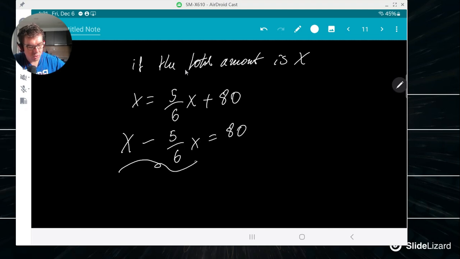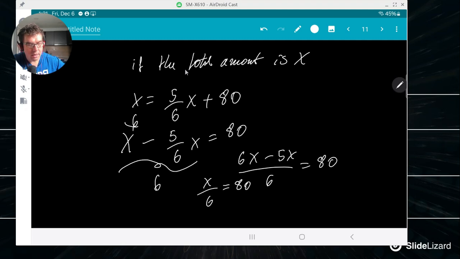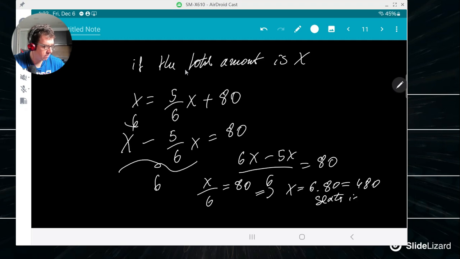If I do a common denominator here, I get 6X minus 5X over 6 equals 80. X over 6 equals 80, and this 6 goes to the right side with the opposite sign, which is multiplication. So X equals 6 times 80, which is 480 seats in total. Okay, this is the answer, 480. Let's go to the next one.